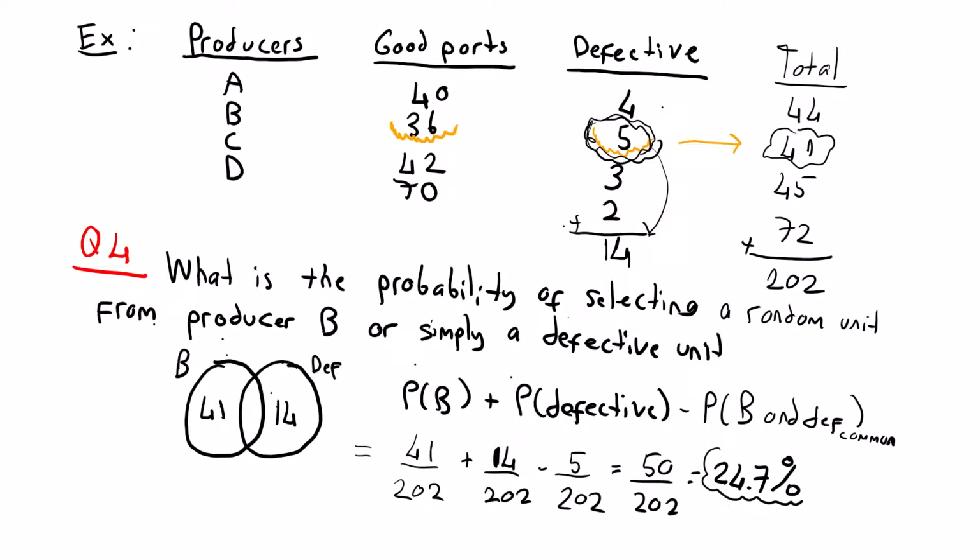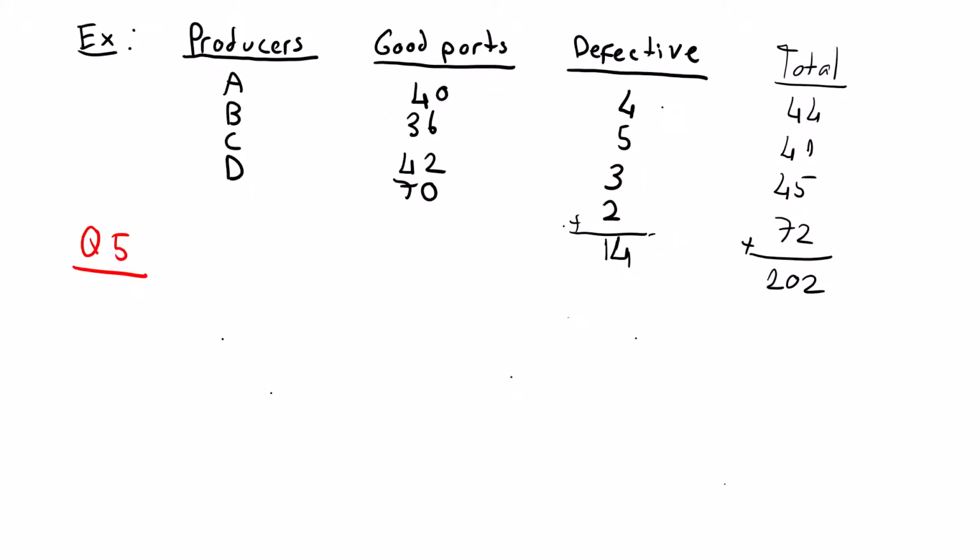Okay, perfect. Since the beginning of this lecture, we've been using the OR term. We were looking for the probability of selecting a good part from producer A, or selecting a defective unit or a good unit from producer B. So we're switching from OR to AND.